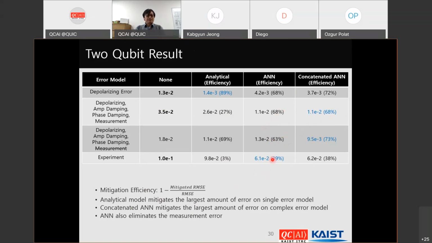We also did experiments with the experimental devices, which show 38% or 39% reductions of errors. This error compensation provides both gate error mitigation and measurement error mitigation together. So this is a very interesting result.